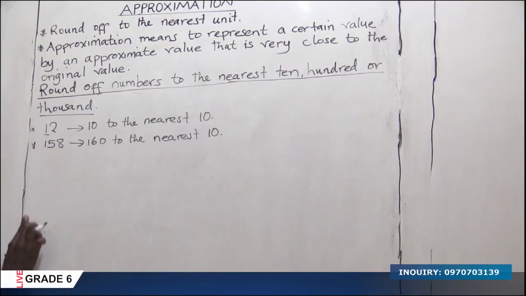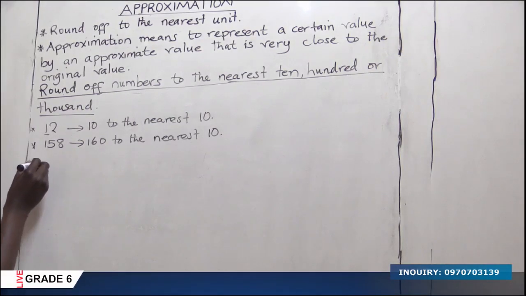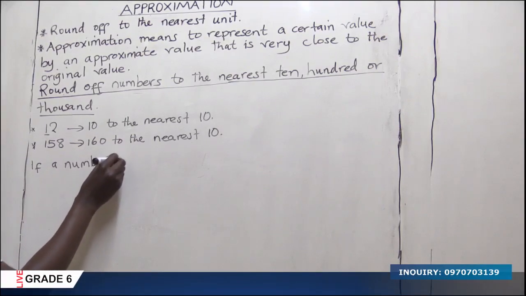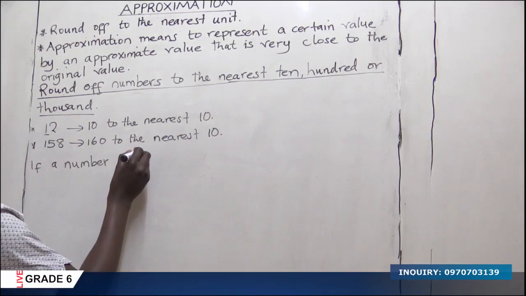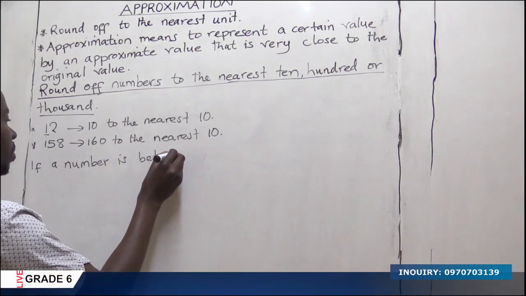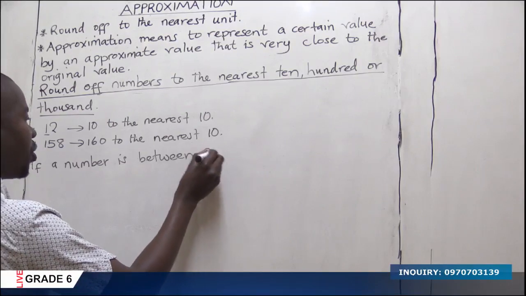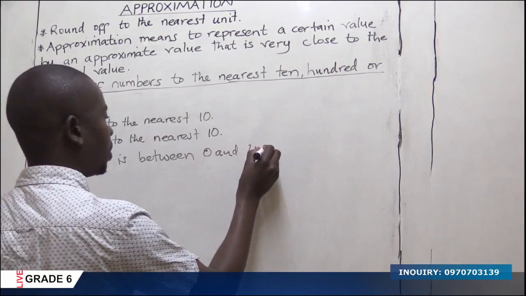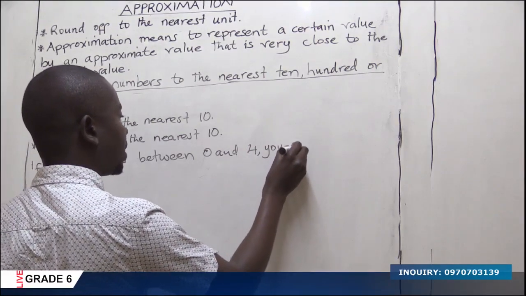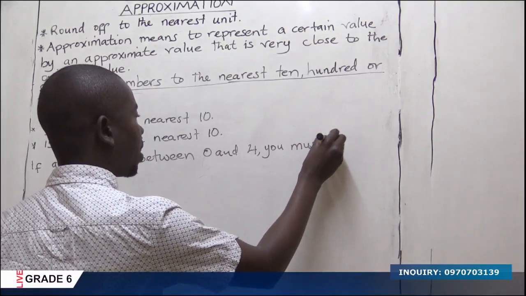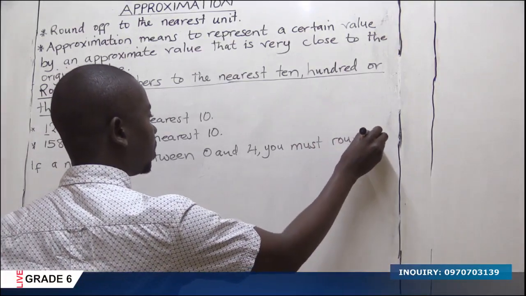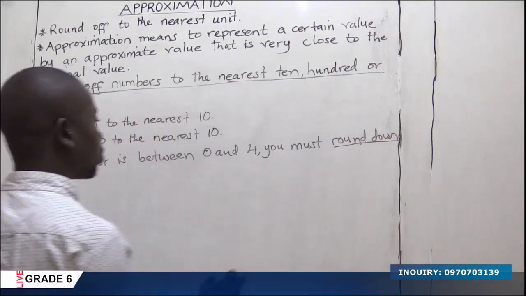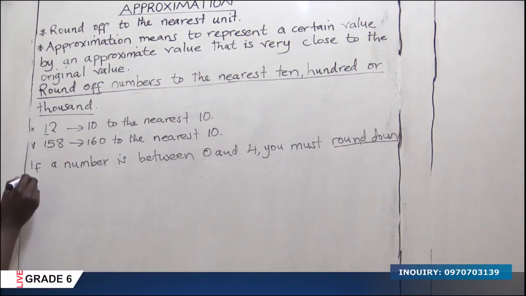So I said if a number is between 0 and 4, you must round down.